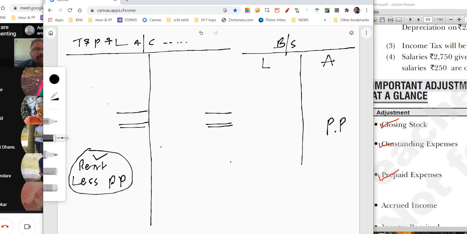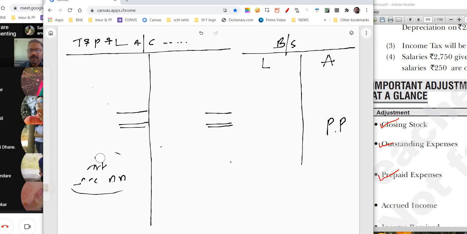So we consider it as an asset and we write it on the asset side of the balance sheet. That is rent prepaid. Okay, prepaid expenses. So very good. So that is done. So I will just erase it. Prepaid expenses. Expenses paid in advance.